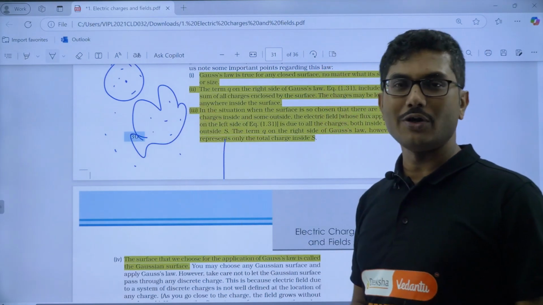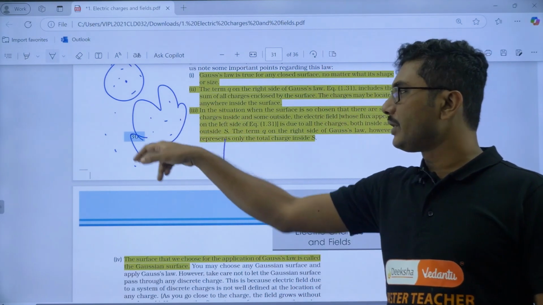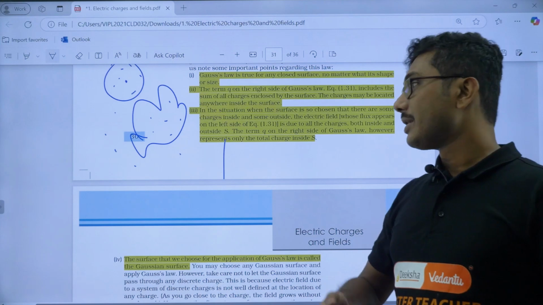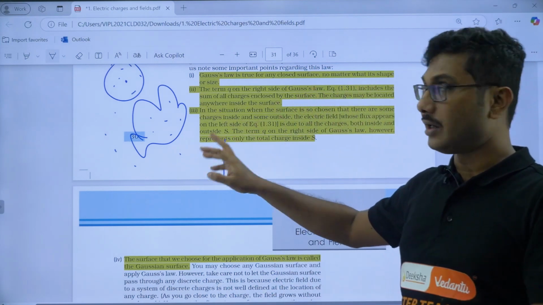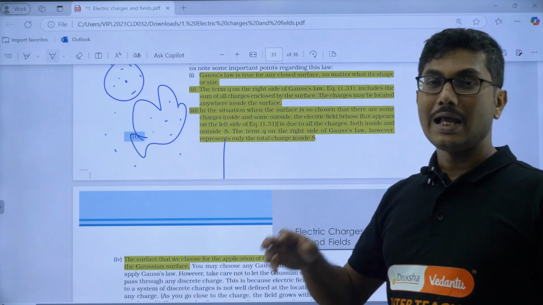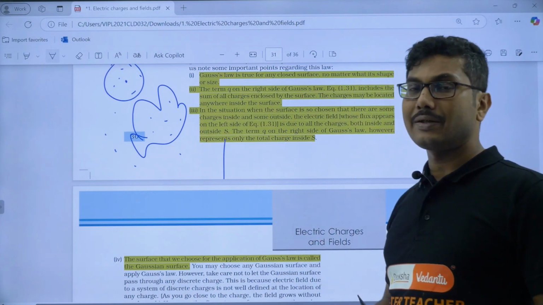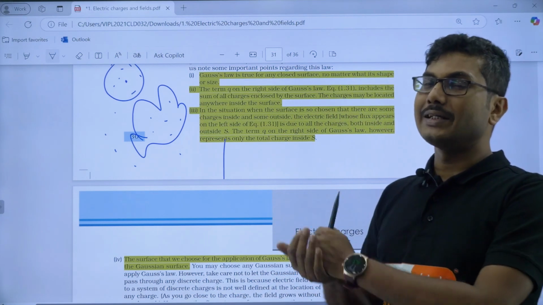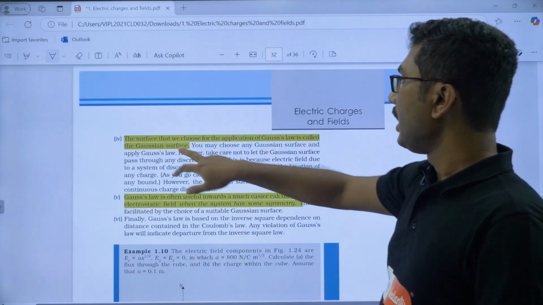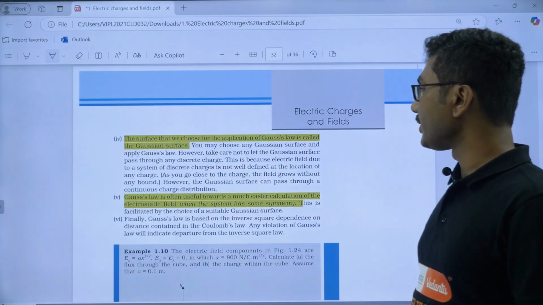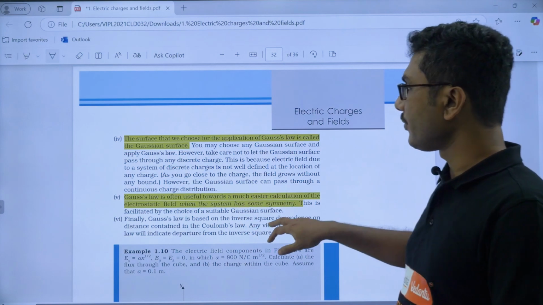That is the beauty of Gauss's law. If you choose the Gaussian surface such that some charges are inside and some are outside, Gauss's law is applicable for this system as well. The electric field will represent the total electric field, but the charge enclosed will represent only the charge which is inside the surface. The surface that we choose for application of Gauss's law is called the Gaussian surface.